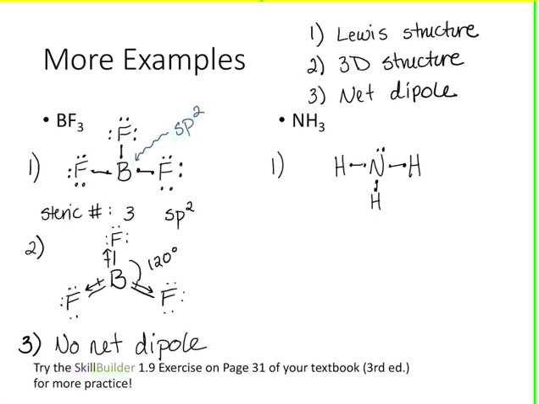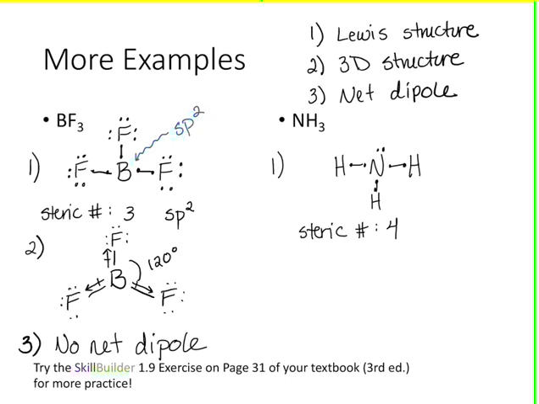Okay, so nitrogen has 3 bonded atoms and 1 lone pair. So what is the steric number on nitrogen? It's 4, because remember with steric numbers we include both bonded atoms and lone pairs.